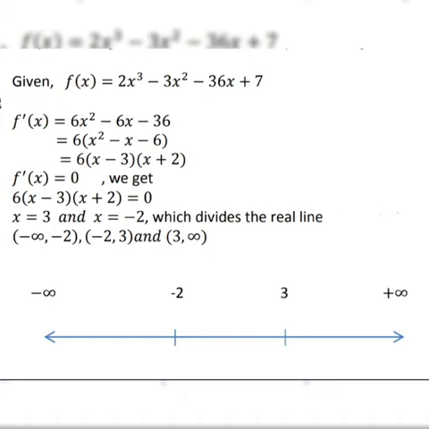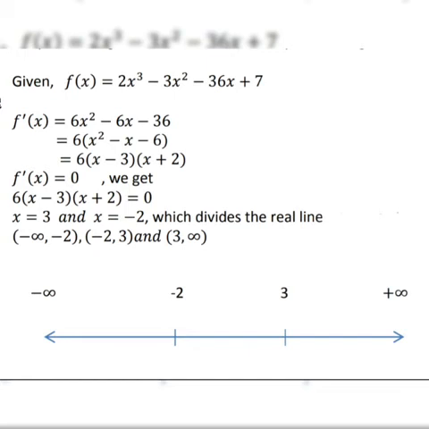Why is it equal to 0? Because we know that f prime of x is the slope of a tangent. And the tangent at that point is horizontal to the x-axis. So because it is horizontal to the x-axis, the slope of the tangent should be equal to 0.